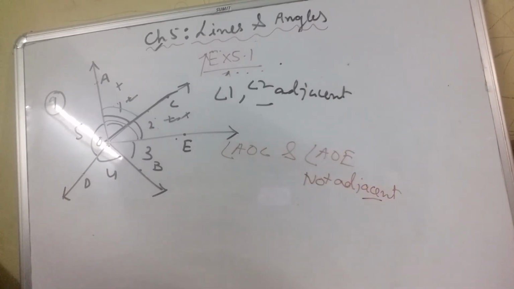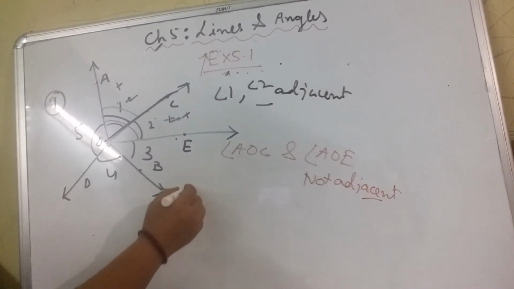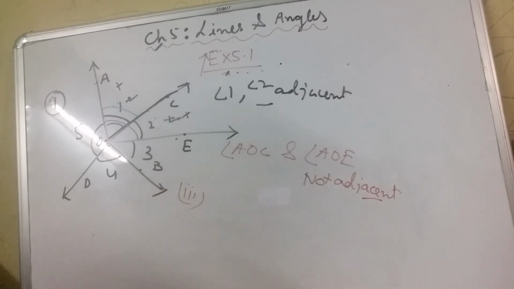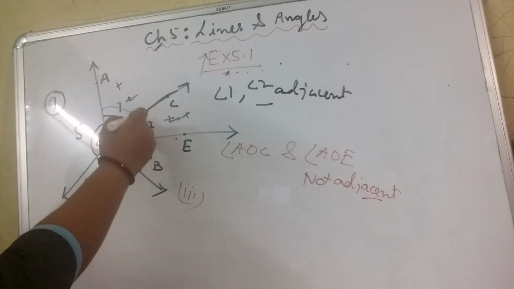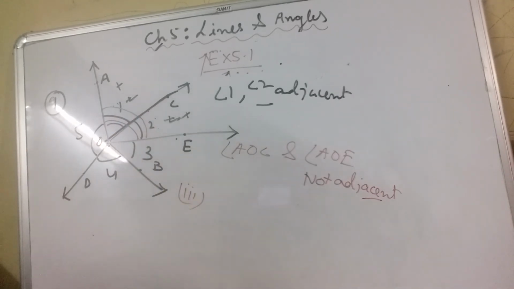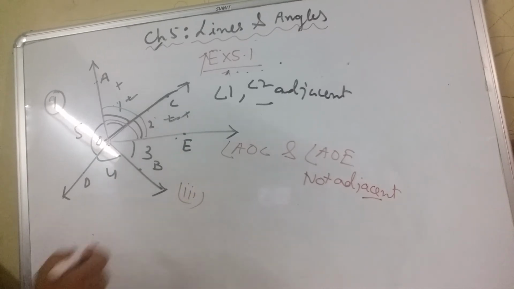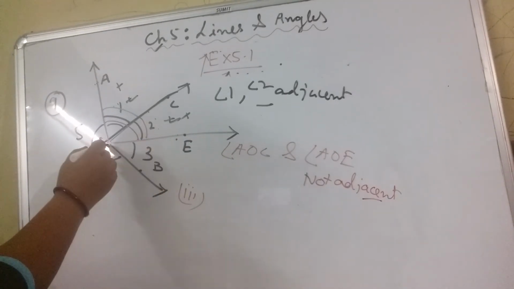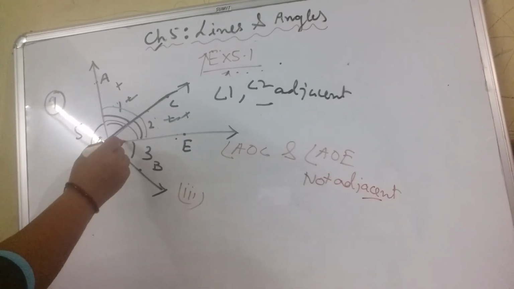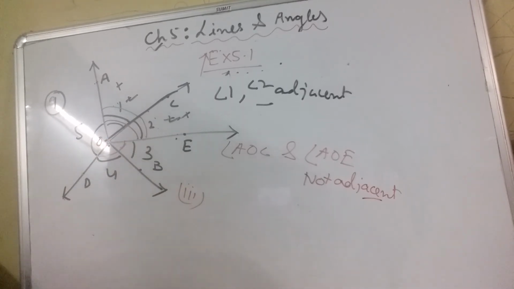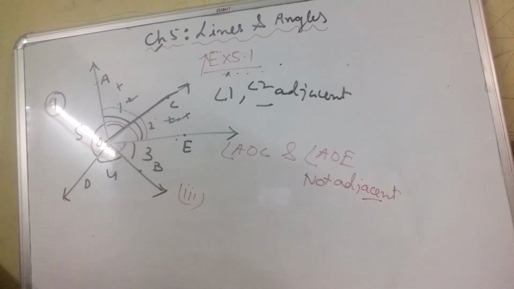Okay. Question number 3. Do angle COE and angle EOD form a linear pair? Are they a linear pair?